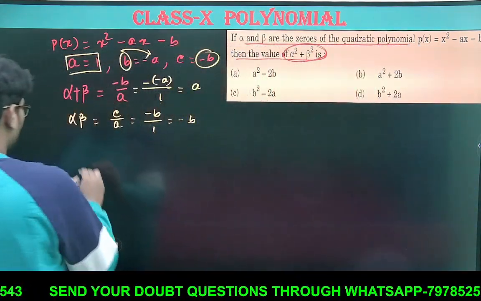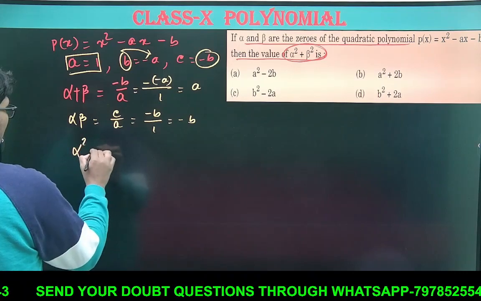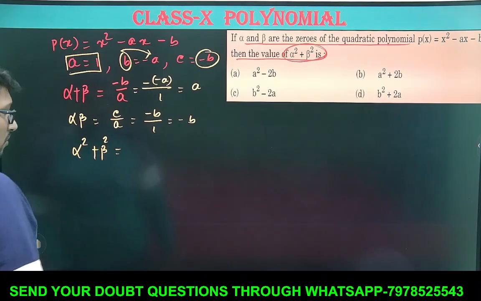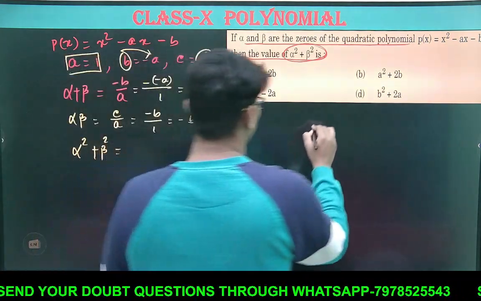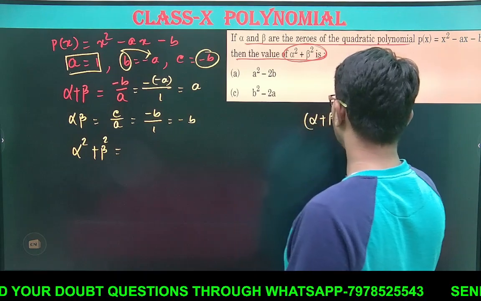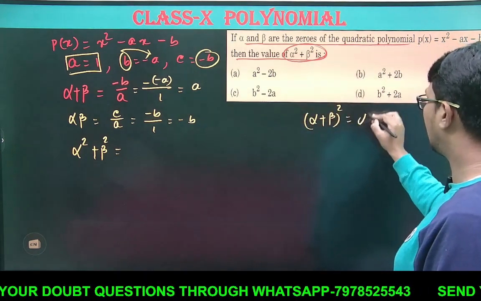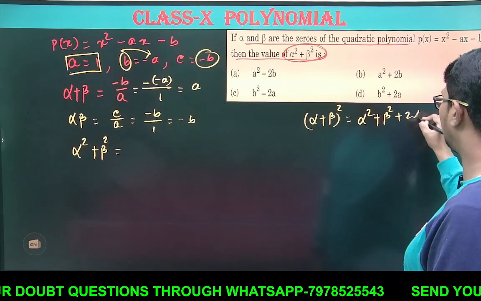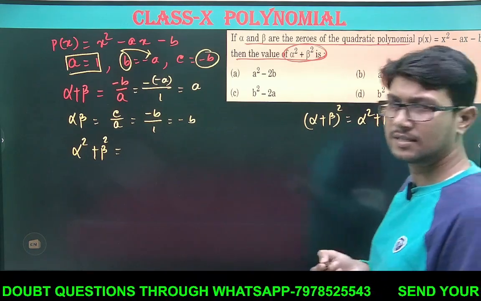Now we are going to find alpha square plus beta square. We know alpha plus beta whole square is alpha square plus beta square plus 2 alpha beta. We know this, right?